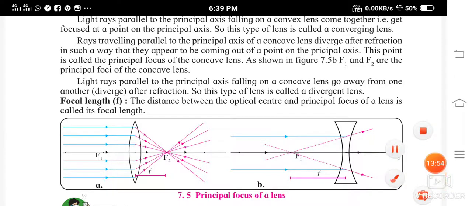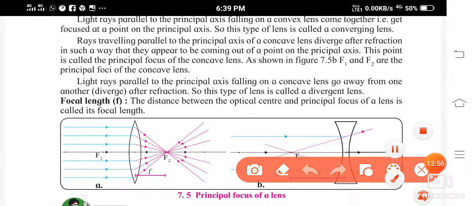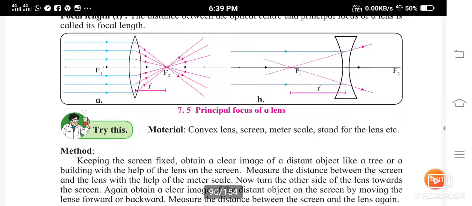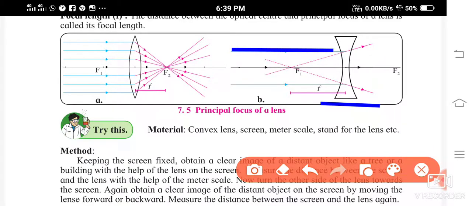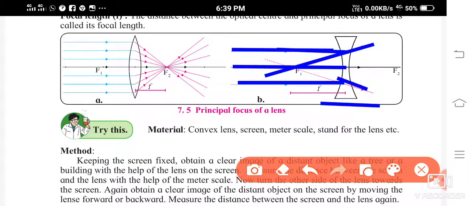Now you see, this is the concave lens. The rays of light are parallel to the principal axis and are incident on this concave lens. So what is happening? You feel as though they are coming out like this.